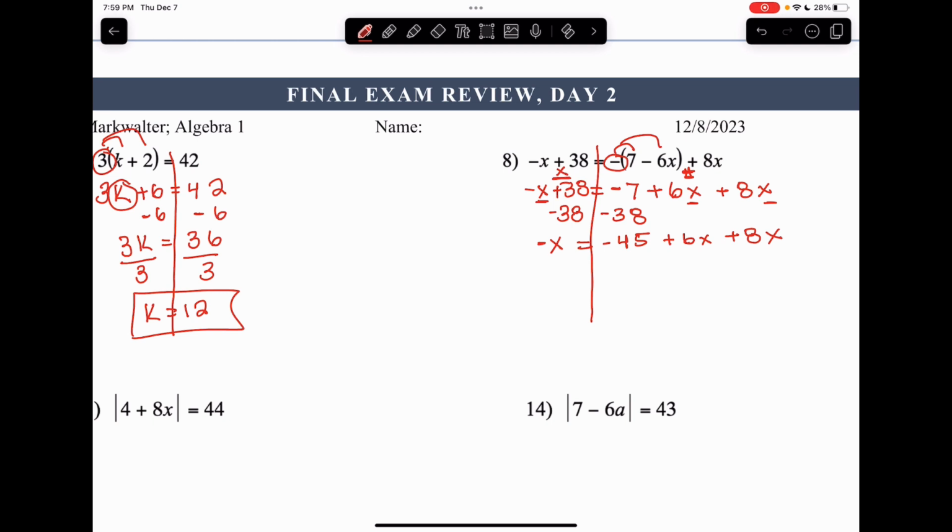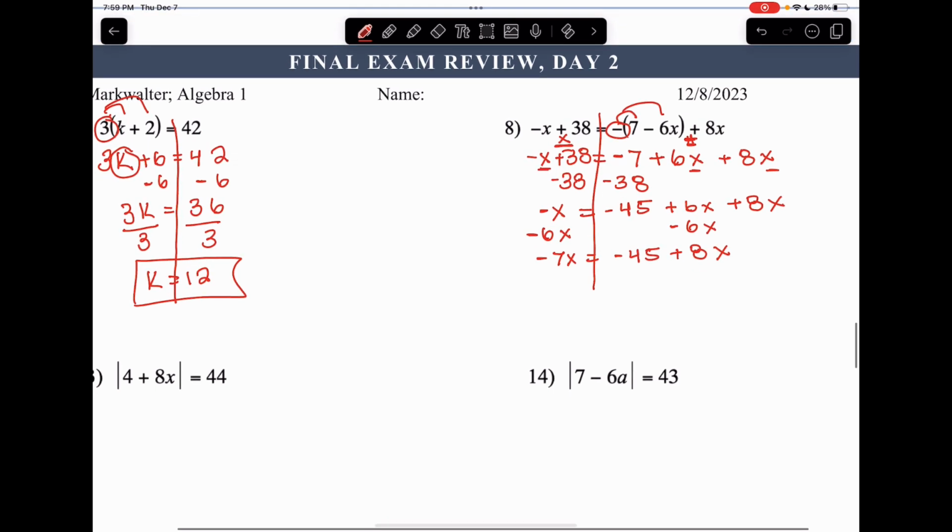The negative 45 is on the correct side because it's only a number, but the 6x is not. I have to subtract 6x to either side. Negative x minus 6x will get me negative 7x. And I also have to subtract 8x because 8x needs to be on the x side.